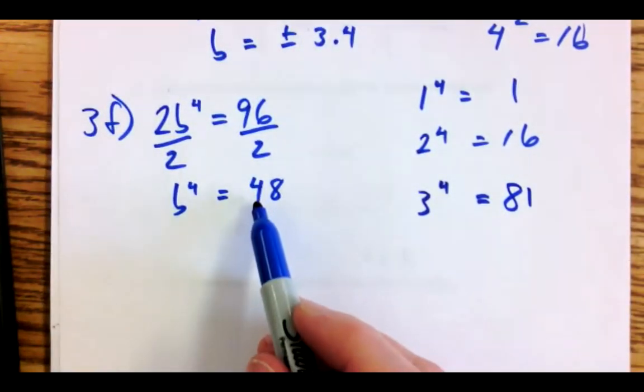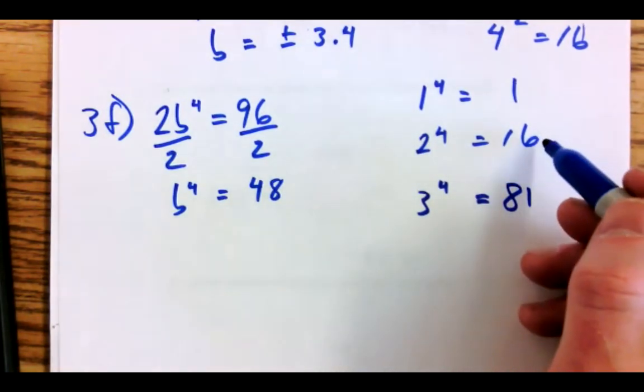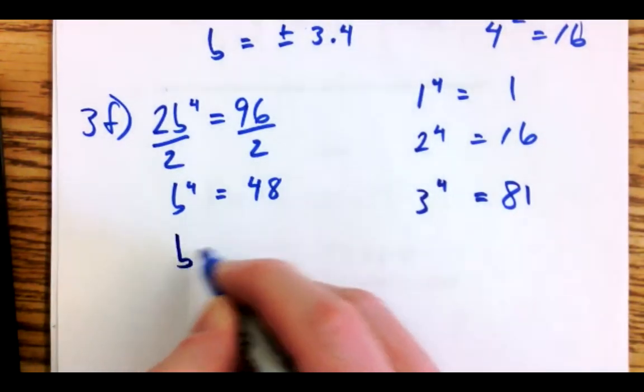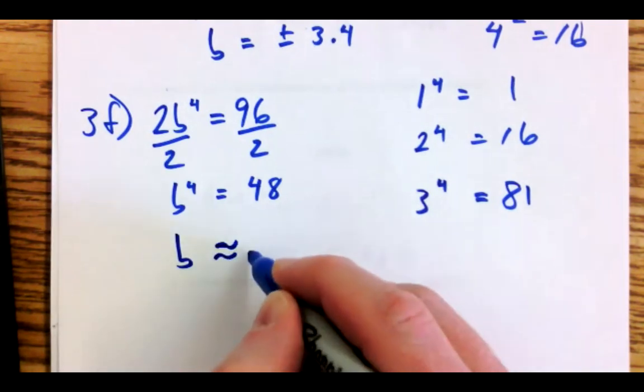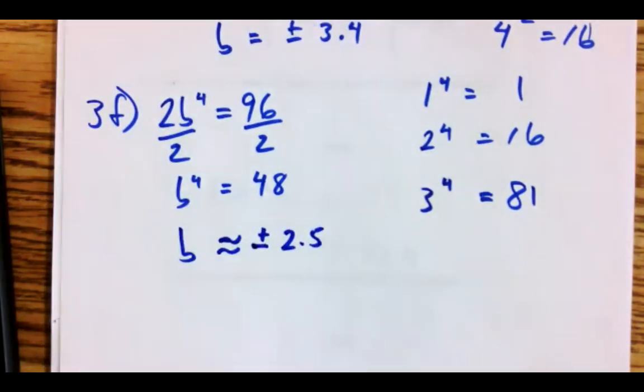So 48 is 33 from 81 and 32 from 16, so it's almost right in the middle. So B is around plus or minus 2.5.